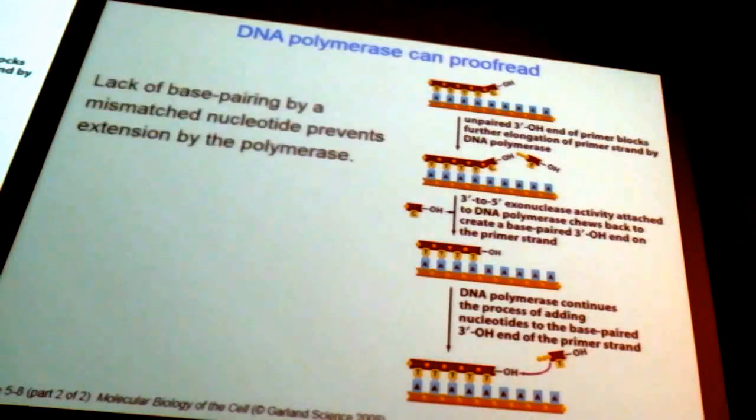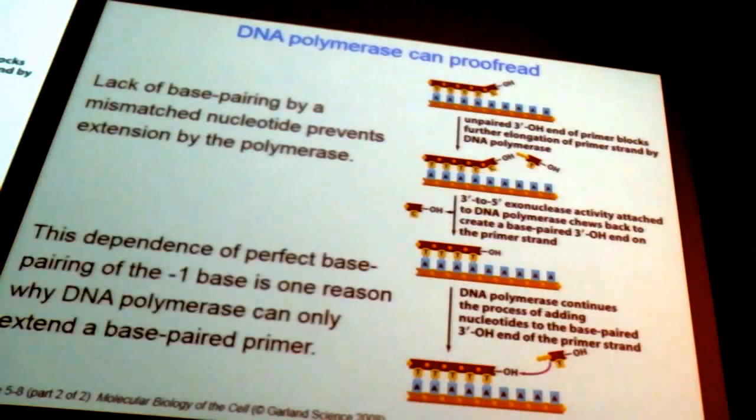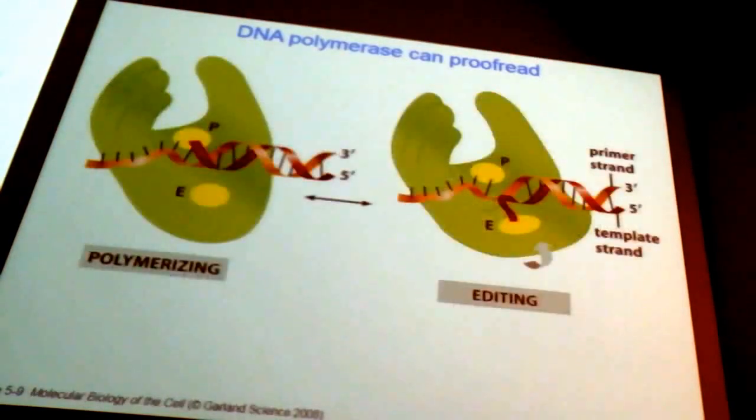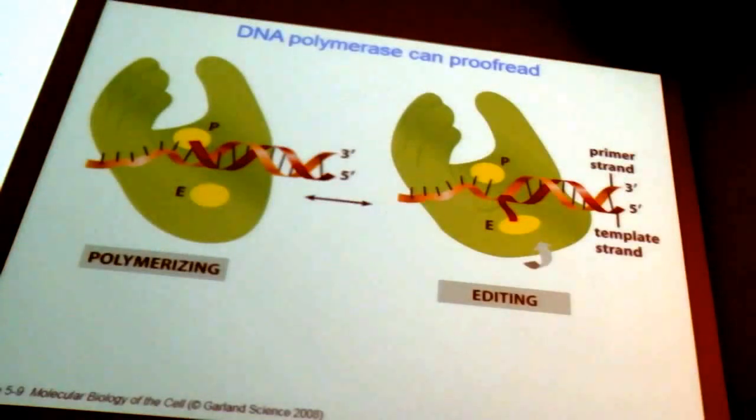Structurally, that's schematized in the next slide, where the base that was wrongly incorporated, or the -1 base, gets removed and a new one gets put in. This site where the removal happens is called the editing site, or the E site. Now this is E and P, which is different from the ribosome exit and polymerization site.